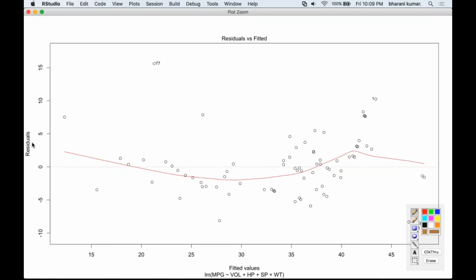These are the residuals. Residuals or errors mean the same. Errors versus fitted values. As your predicted values increase, your errors should not increase or decrease. Your errors should remain constant. Remember, errors should have constant variance.